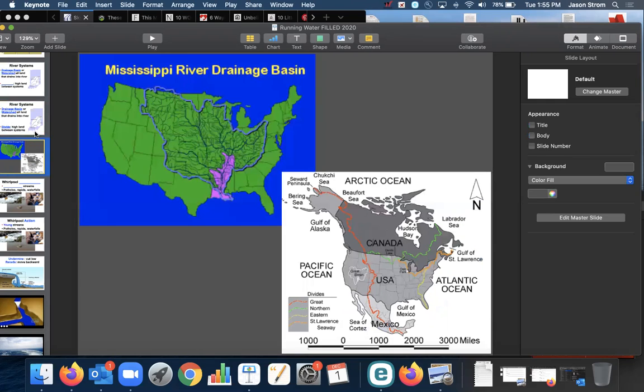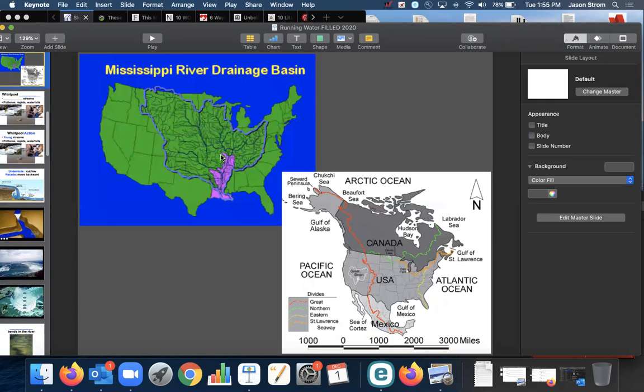And this next one, I don't think you have this one. This shows the drainage basin for the Mississippi in the upper left, which is a huge area of the United States. Any surface running water in that whole area is eventually going to end up in the Mississippi, and then go to the Gulf of Mexico, through New Orleans.